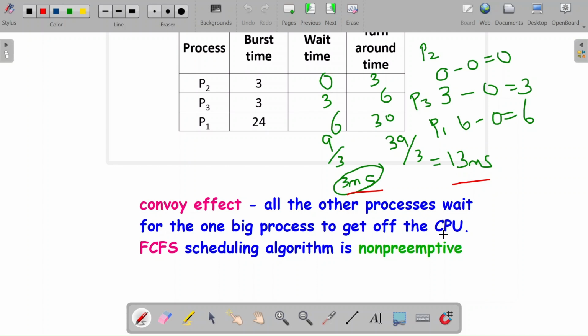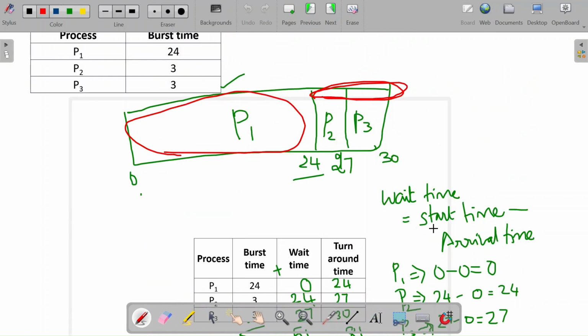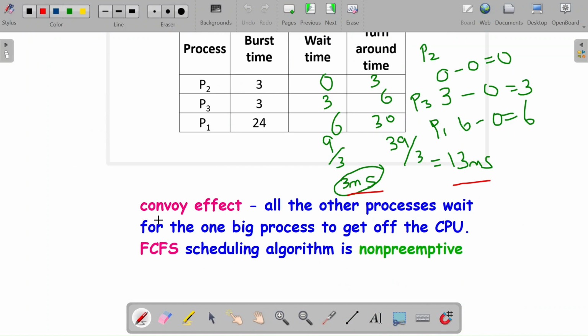Like when a VIP vehicle is going, all the other vehicles are blocked in traffic. It makes a convoy effect. The same thing here: a longer CPU-bound process blocks the other short CPU-bound processes from executing. This is called the convoy effect.